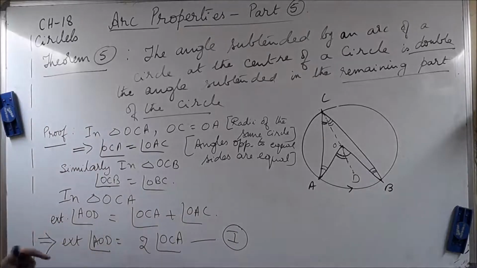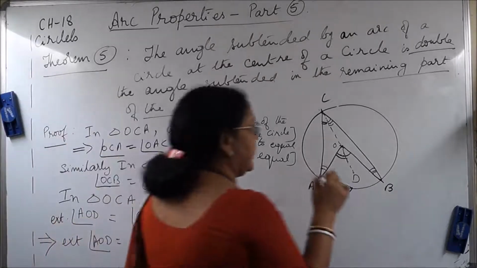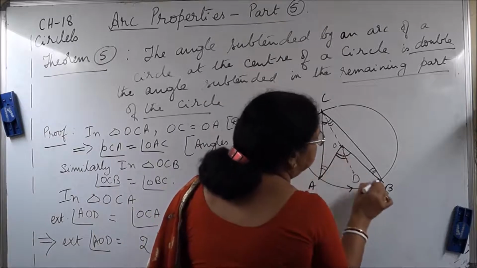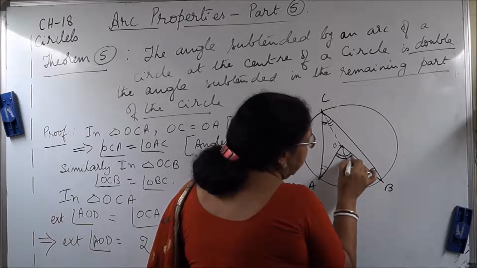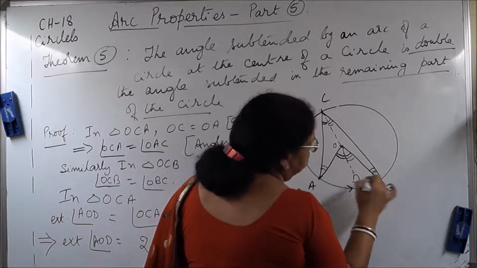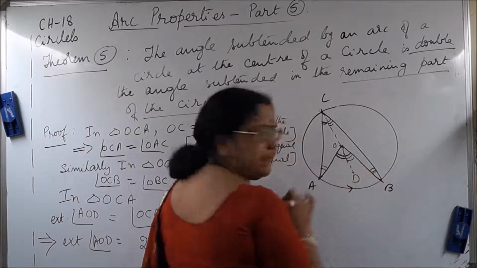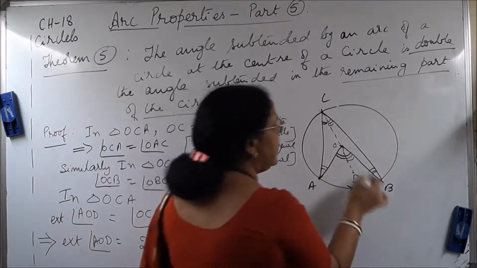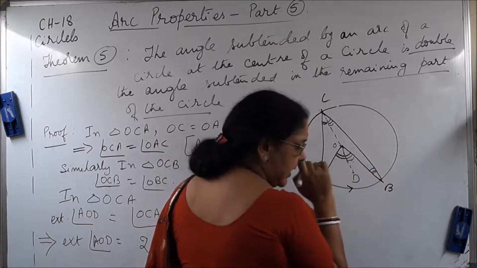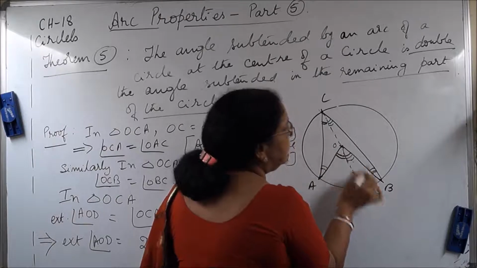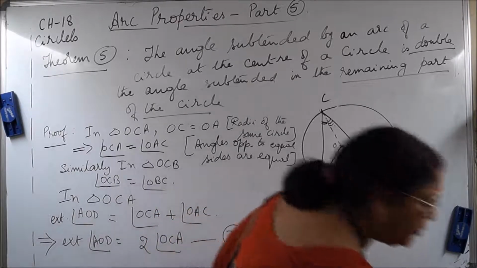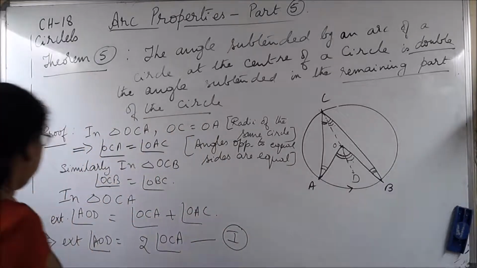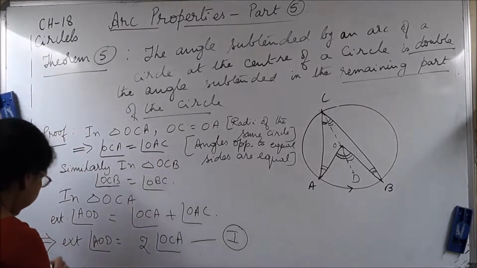Similarly, in the other triangle, OCB, the exterior angle formed is angle BOD. So BOD is the exterior angle, and this exterior angle will be equal to the sum of the interior opposite angles.